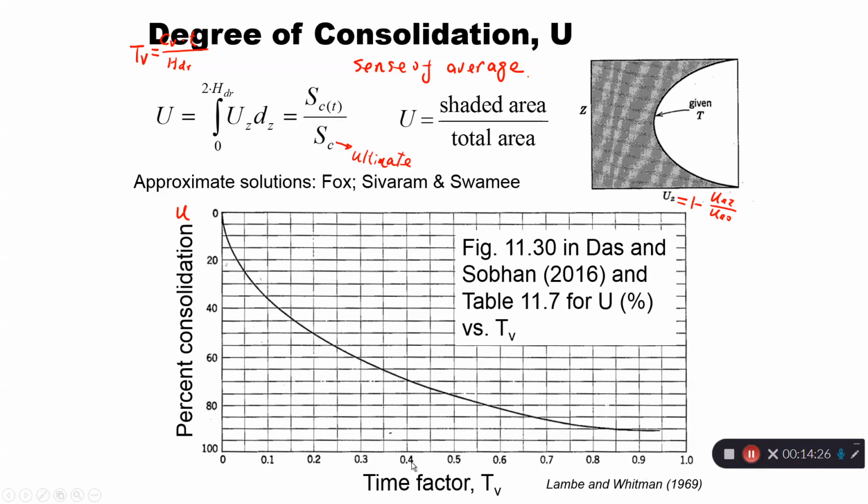Once we enter the time factor, we can find the U. If you enter 0.2, it's right here, and then we can read the corresponding U, about 50%. So it means at 6 months, 50% of consolidation would be completed.